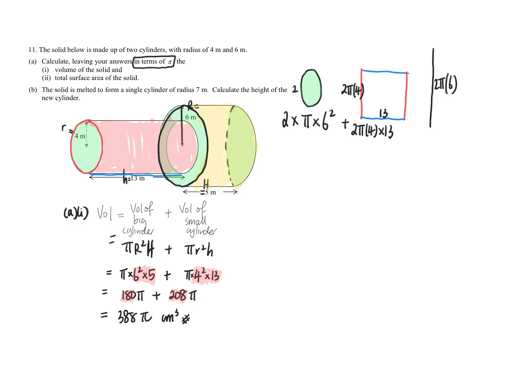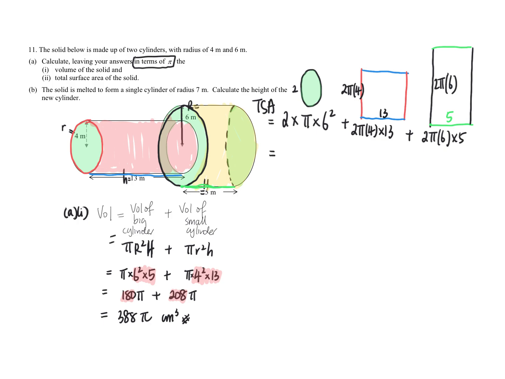And then this length here is 5. So to find the curved surface area of the second, bigger cylinder, I have to find just one of these. 2 pi 6 times 5. So this is the total surface area of the entire shape.